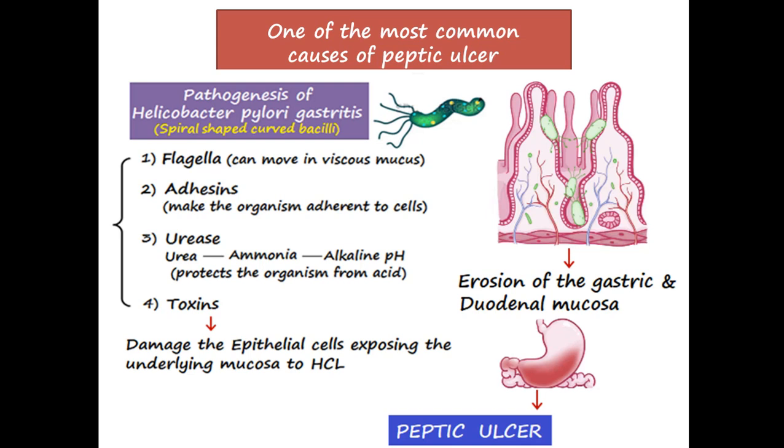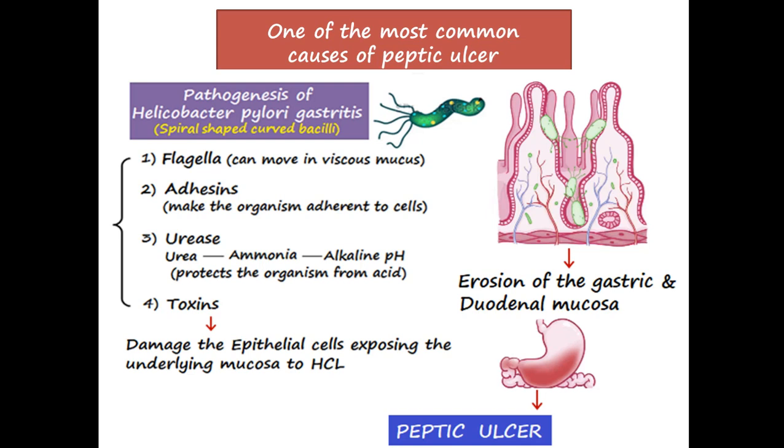It may be considered a normal bacterium or a commensal that lives in the stomach of humans but does not cause damage to the person. However, on certain occasions, Helicobacter pylori may cause damage to the stomach.